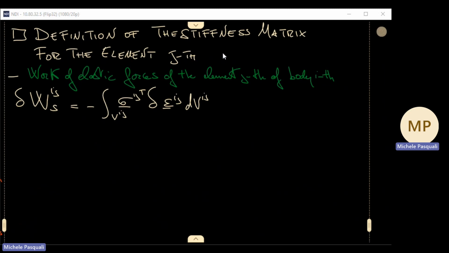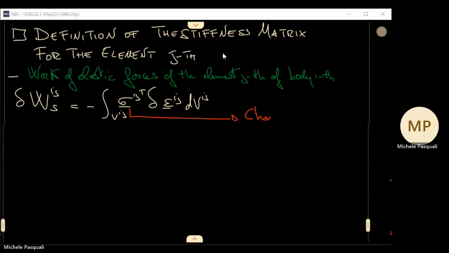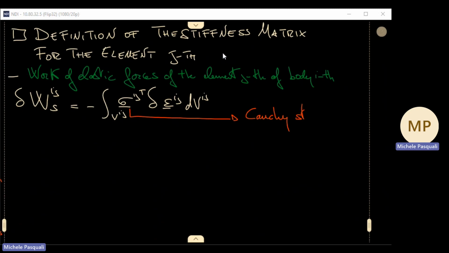Integrated over the volume. So where this is, of course, the linear part of the Green-Lagrange strain tensor. Okay. If you want, I can specify it. So this is Cauchy stress in Voigt's notation.